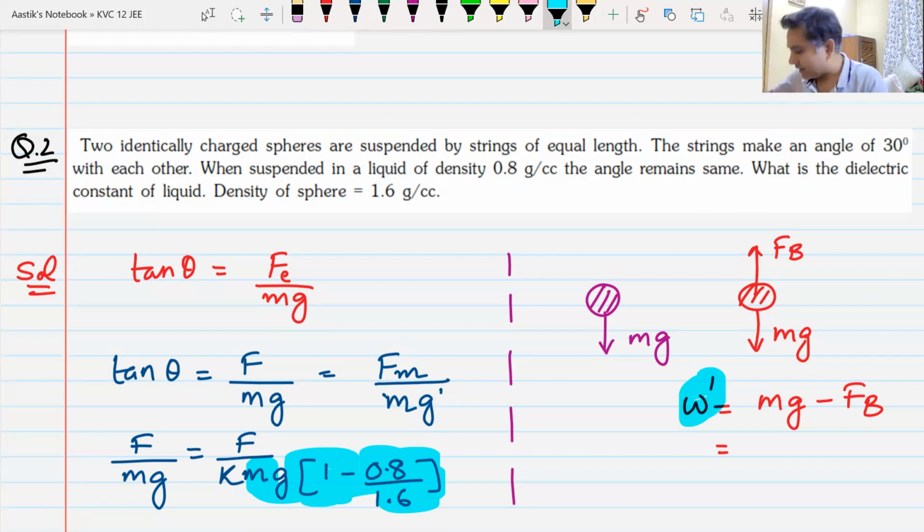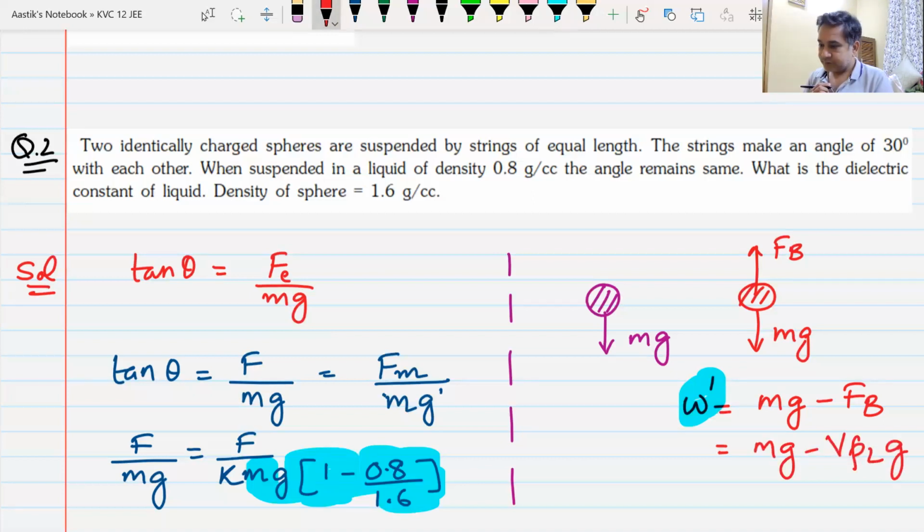If you don't understand this, I will try to solve this again. So this is mg minus volume of the solid into density of liquid into g. Right? Now, you can write this in terms of the actual mass.